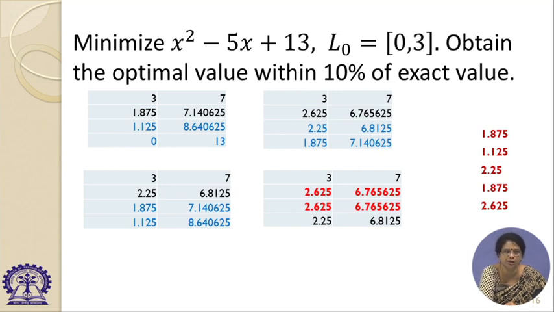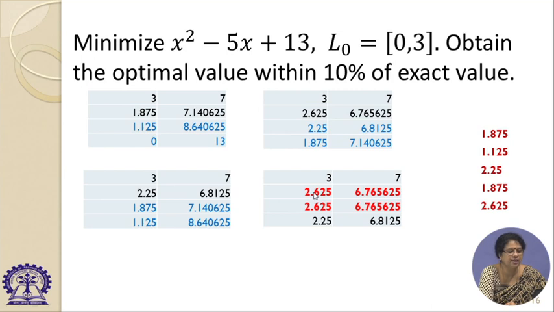We know how many operations we need to do in the Fibonacci method. Again we are eliminating the region, since the functional value is increasing, and at 2.625 the functional values at both points are almost the same. That is why we can declare this is the optimal solution of this problem.